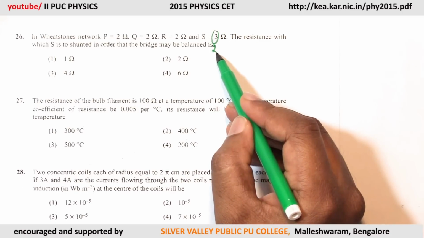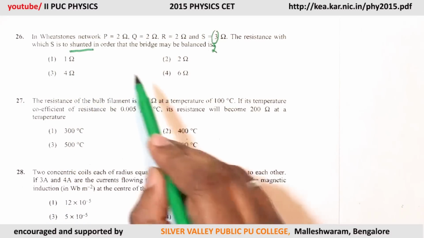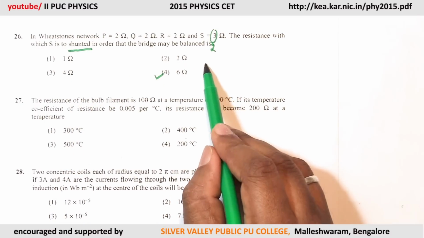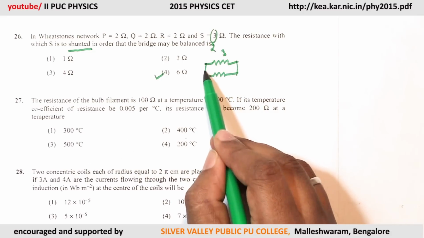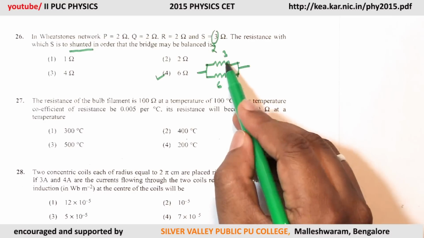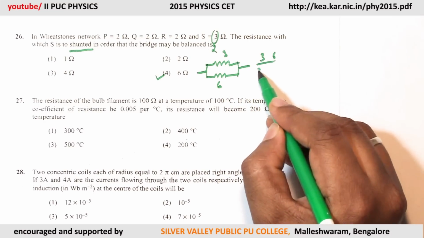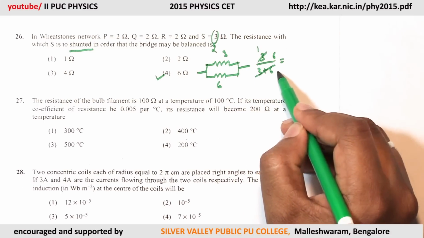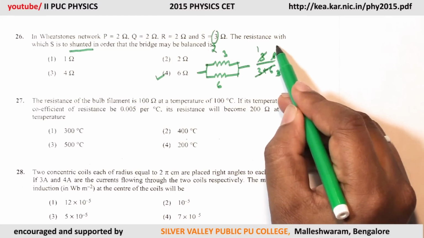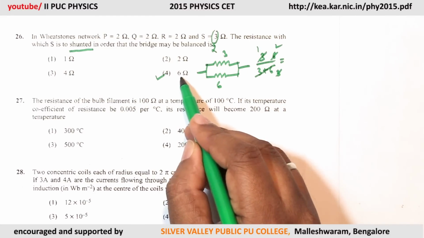To become 2, it should be shunted, meaning paralleled, with 6. See, this is 3, this is 6, 6 and 3 in parallel means 3 into 6 by 3 plus 6, equals 2. So the equivalent can be 2 only if it is 6.